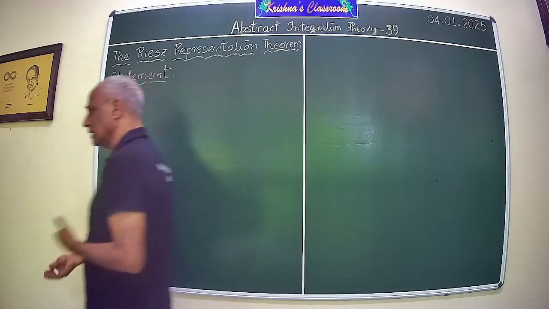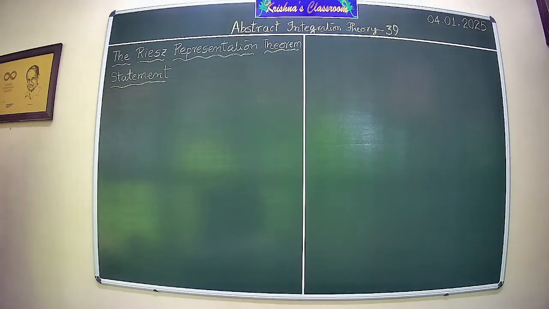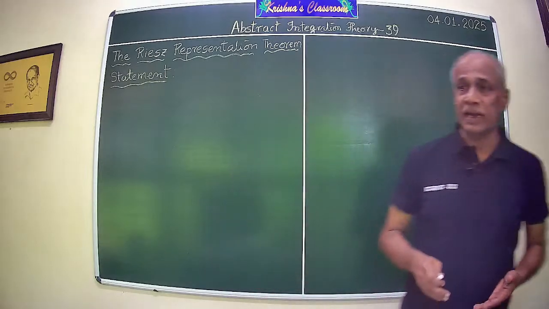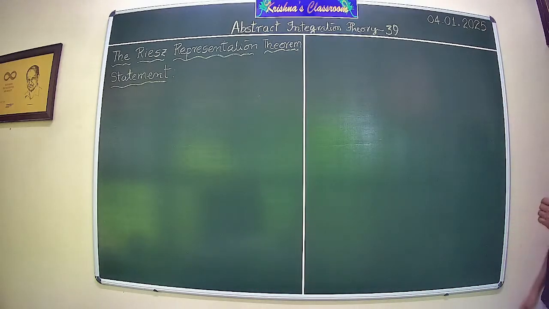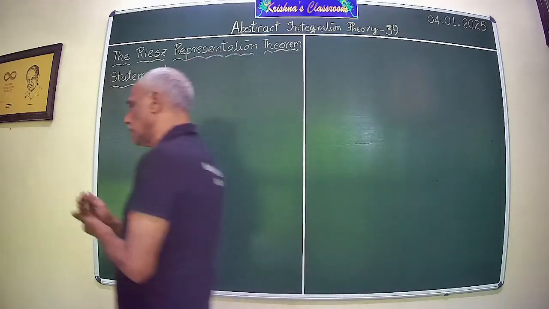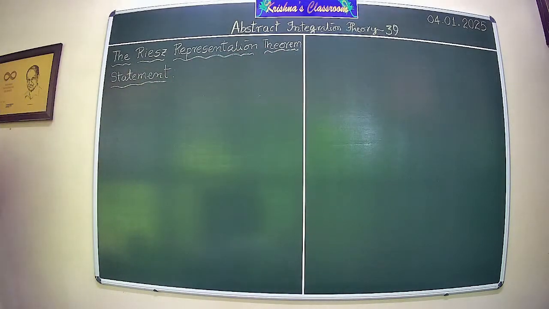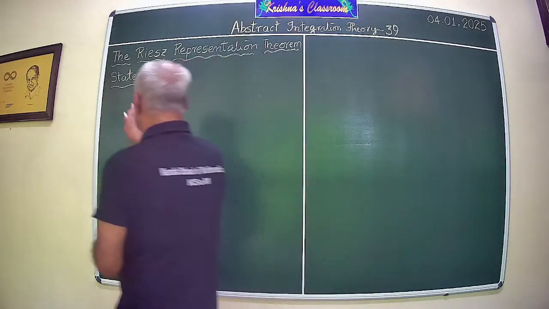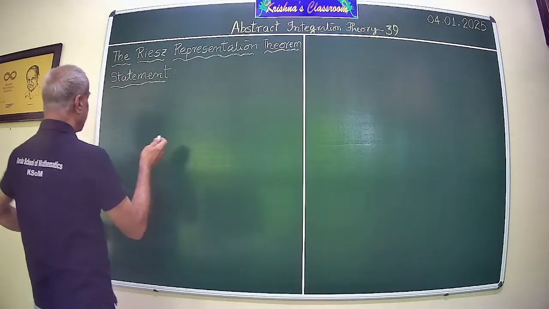As we shall see, Urysohn's lemma plays a major role while proving the statements of it. But before we give the statement, let me just motivate what exactly is the problem. Now, you take the Riemann-Stieltjes integral.